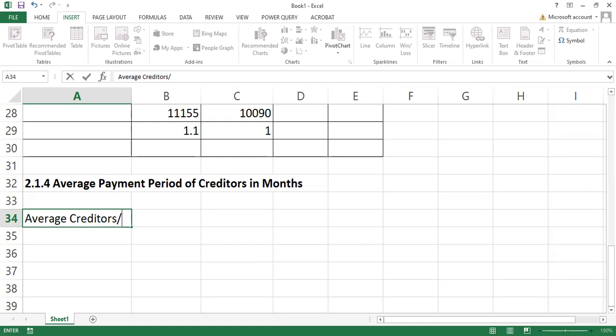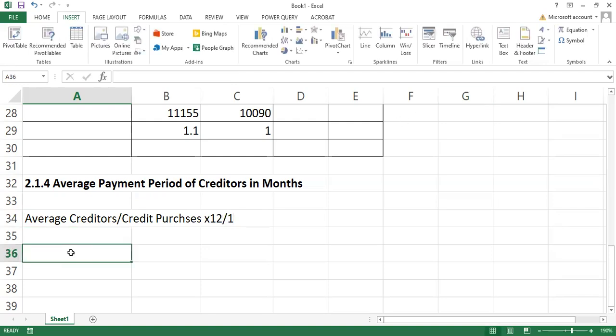Divided by credit purchases. Then remember it says in 12 months. So which means we are supposed to say multiply by 12 divided by 1.